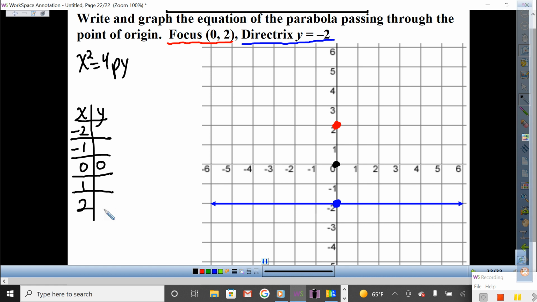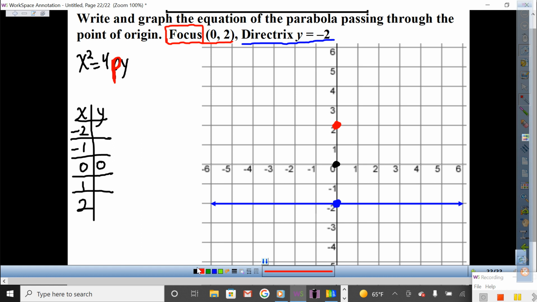Okay? Now, before I substitute values into the equation, look up really quick. I have the x value, I have the y value, and the only one I don't have is the variable p. So I'm going to change this one to red to remind me that I'm going to substitute what value in there? The focus.